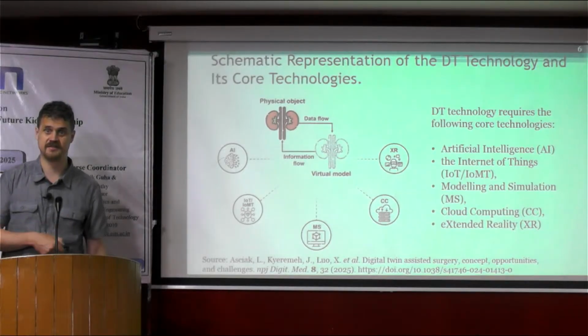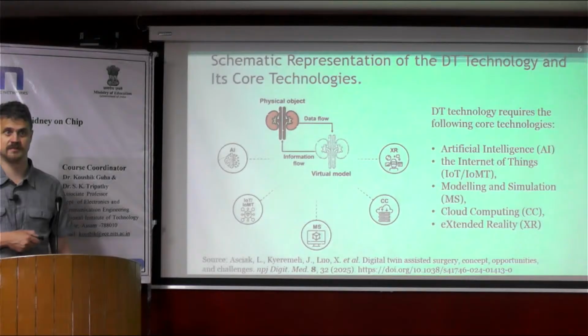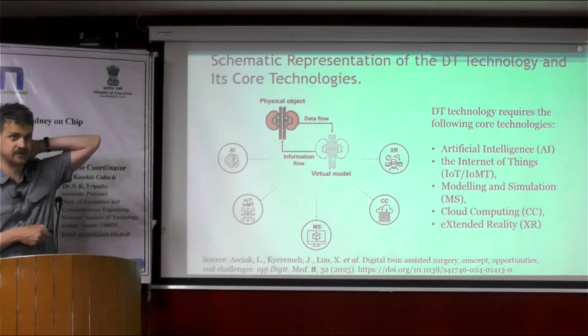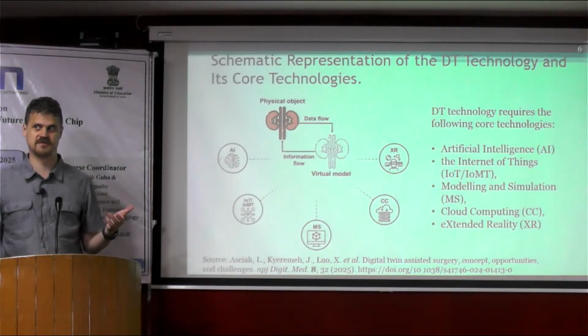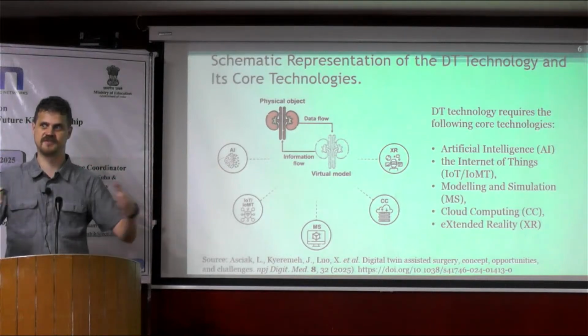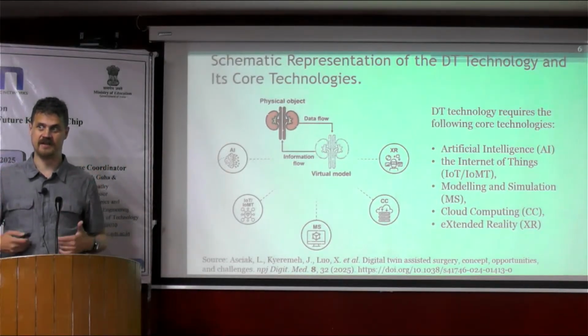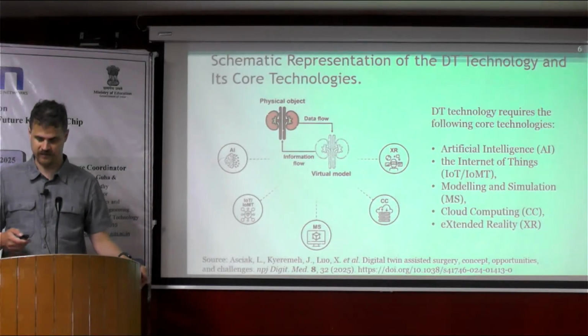So basically, we can imitate a particular organ of the human organism, and the higher the hierarchy we go, the harder the digital twin technology development will be, because we cannot reduce the human organism to some part of the different systems within it, and every single system is interconnected with each other. And if we talk about the digital twin of the human body, it's a very time-consuming and very data-hungry process.